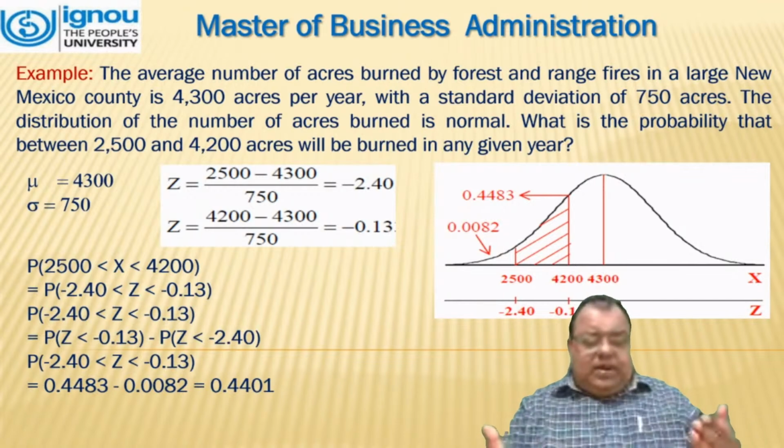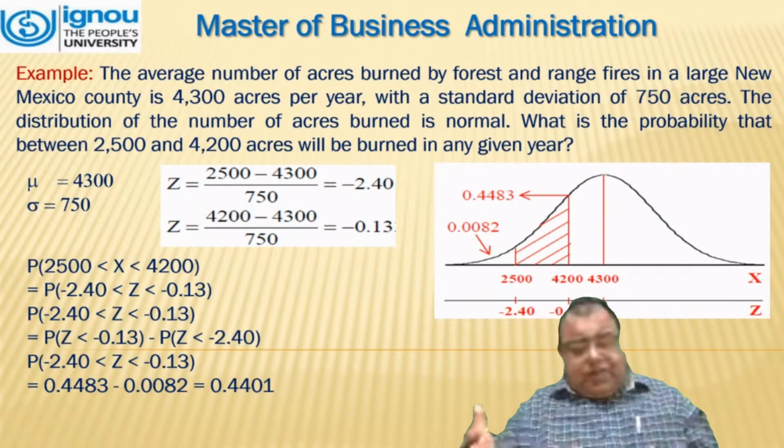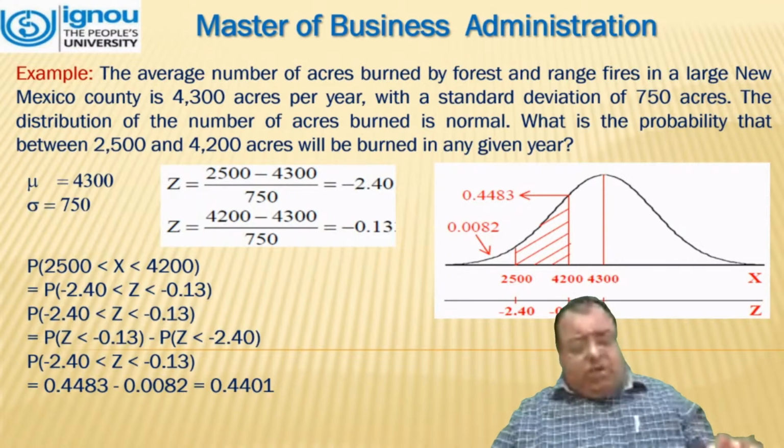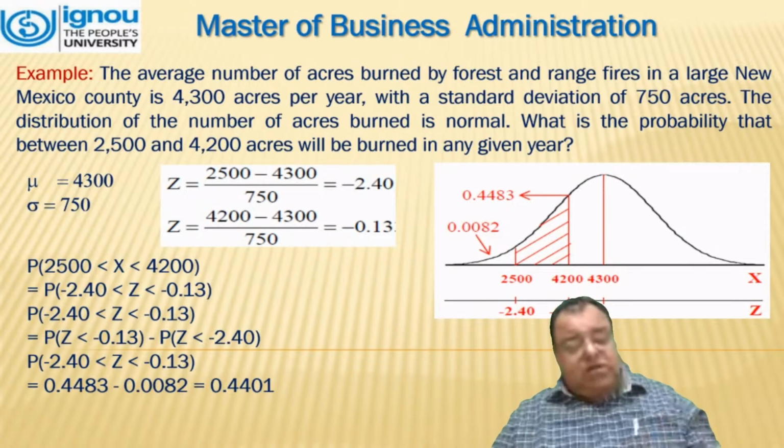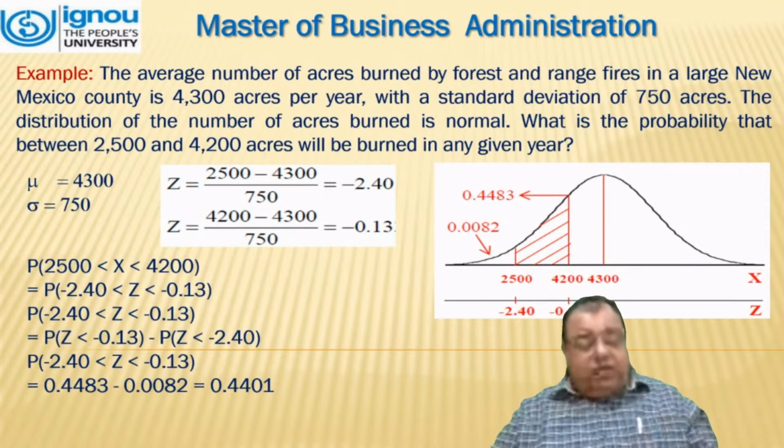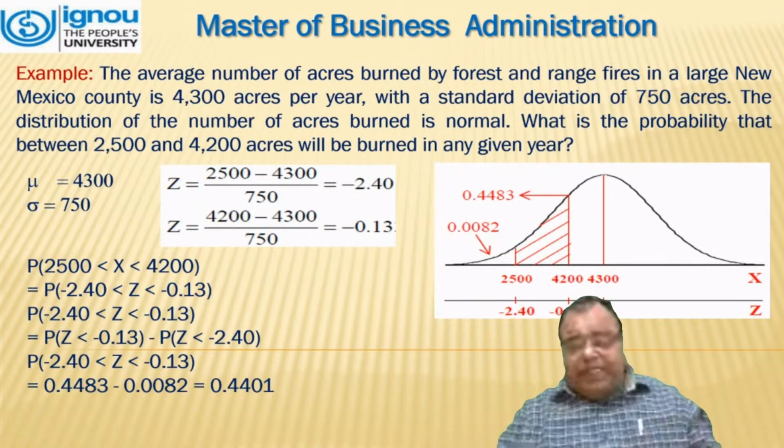We will get this value of z from the table, and we can place it in as 0.4483 minus 0.008, which comes out to be 0.4401.